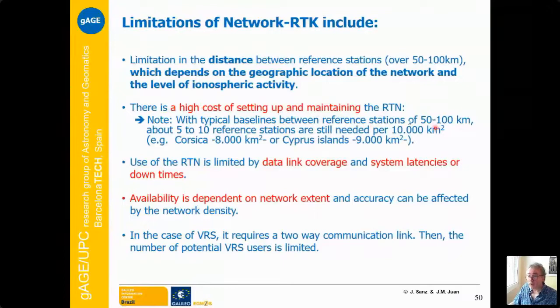And we have to deploy many stations in order to cover a wide area. For instance, to cover 10,000 square kilometers, we need from 5 to 10 stations. The user is limited to the data link coverage and system latencies. The availability depends on the network extent.